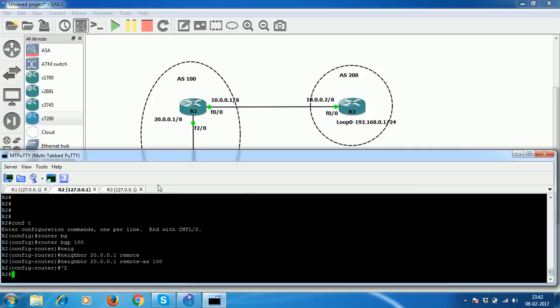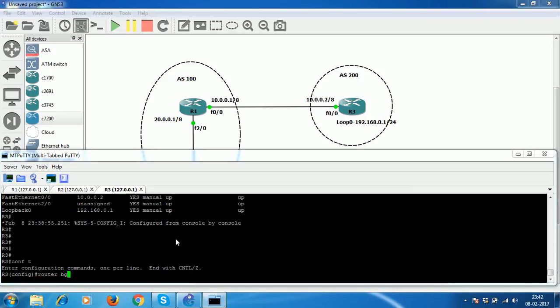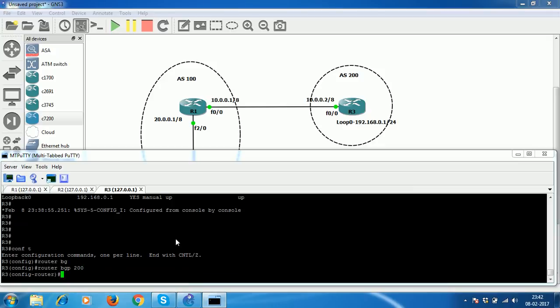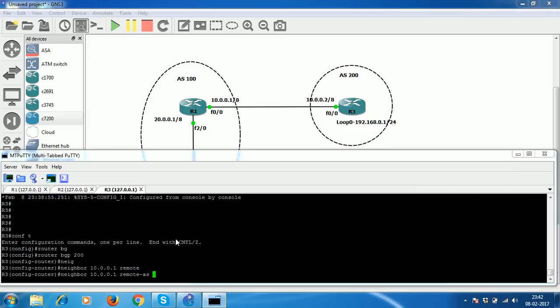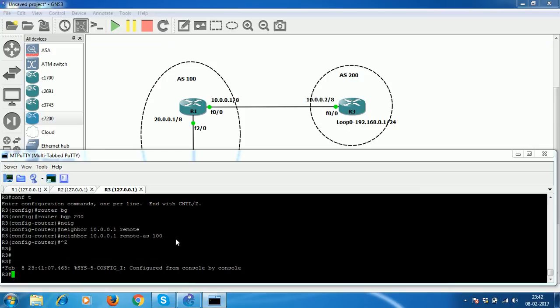That's it for R2. Let's go to R3. Router bgp 200. R3 has only one BGP peer, which is R1: 10.0.0.1 remote-as 100. Let's wait and watch.